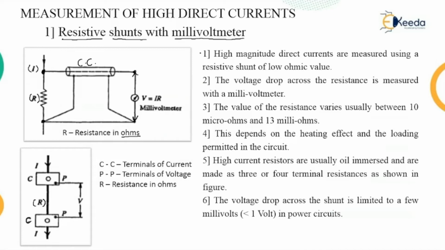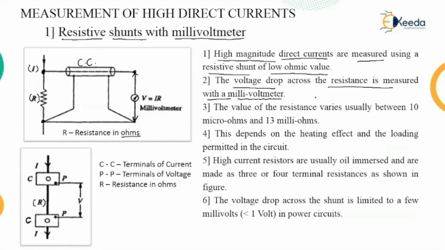So let us start with the understanding. High magnitude direct currents are measured using a resistive shunt of low ohmic value. The voltage drop across the resistance is measured with the help of a millivoltmeter.